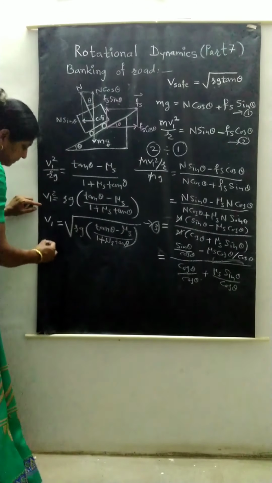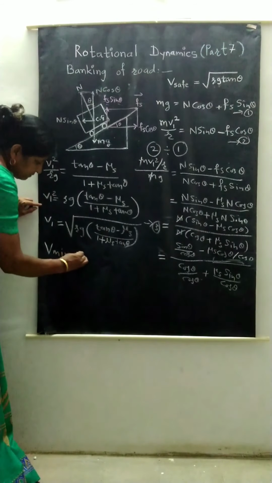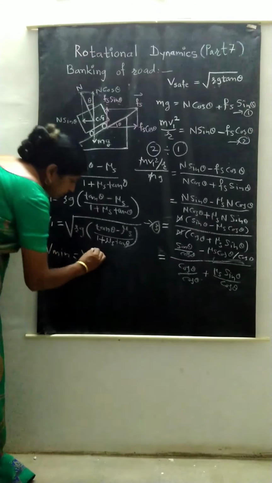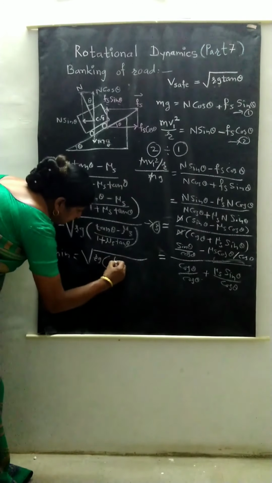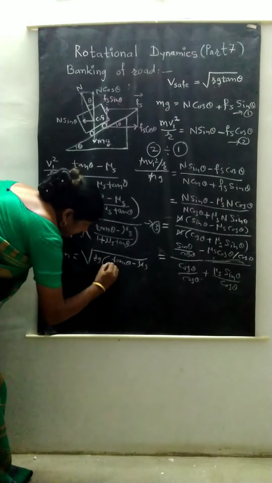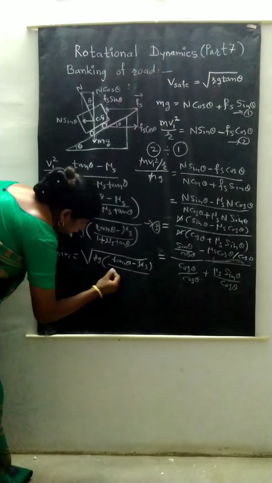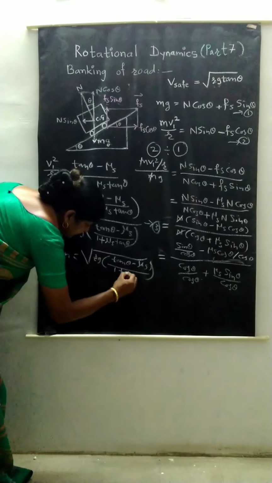So V minimum is equal to under root of r g in bracket tan theta minus mu s divided by 1 plus mu s tan theta.